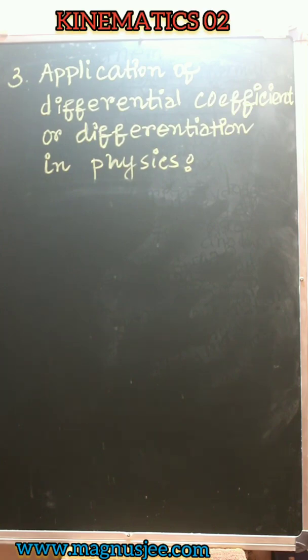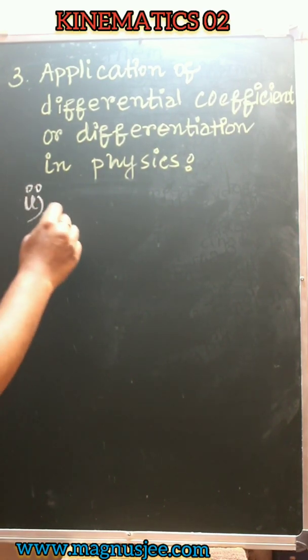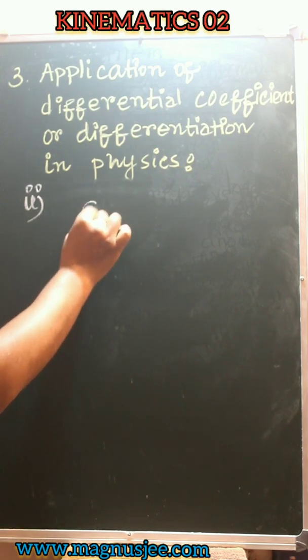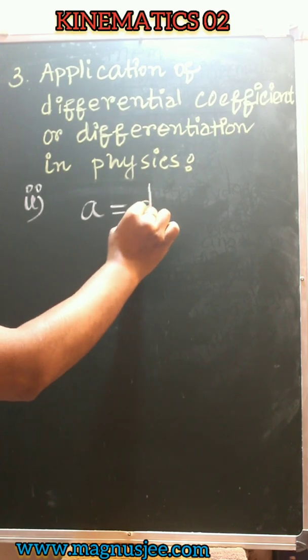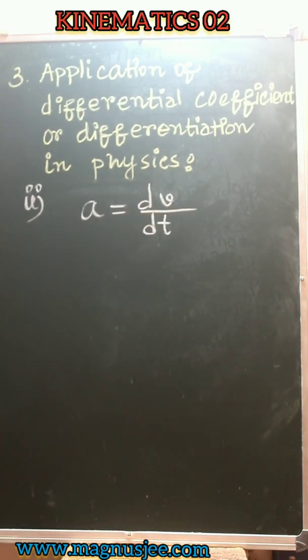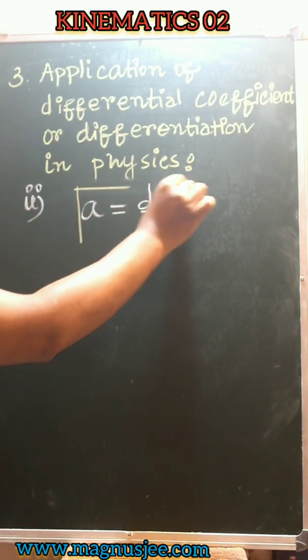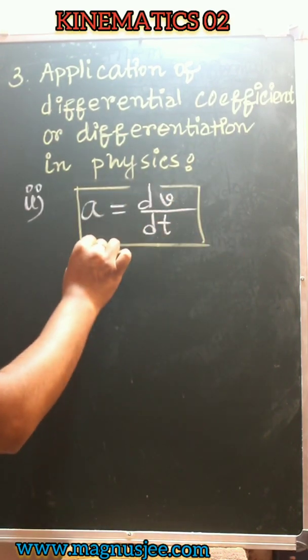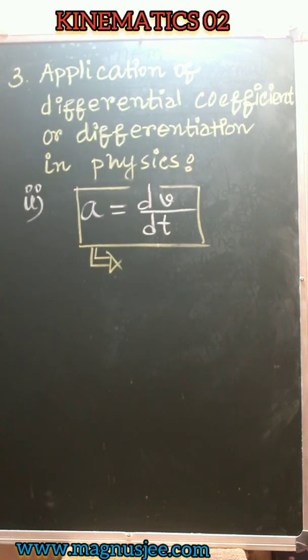Number two application is a equals dv by dt. a means instantaneous acceleration, dv means change in velocity and dt is change in time. a equals dv by dt, which is instantaneous acceleration.